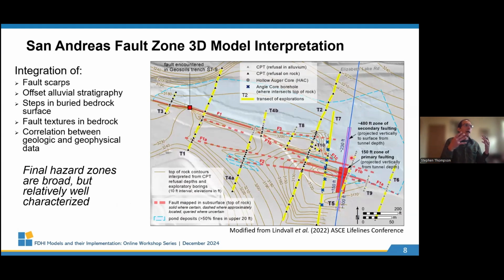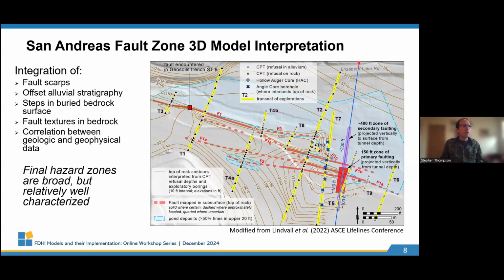So this slide right here represents the summary of information that was collected from the site from this multidisciplinary activity. This type of mapping integrated fault scarps that were identified, offset alluvial stratigraphy, steps in the buried bedrock surface, all the way to trying to interpret the downhole geophysical data plus the continuous core.